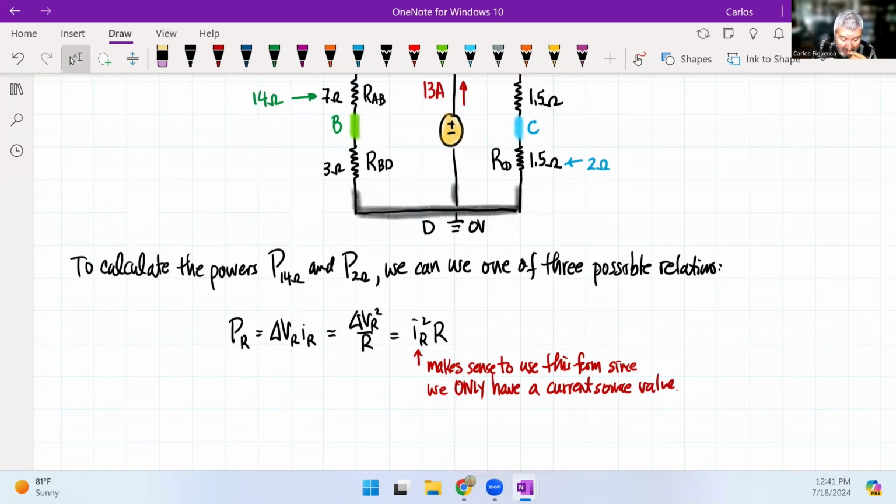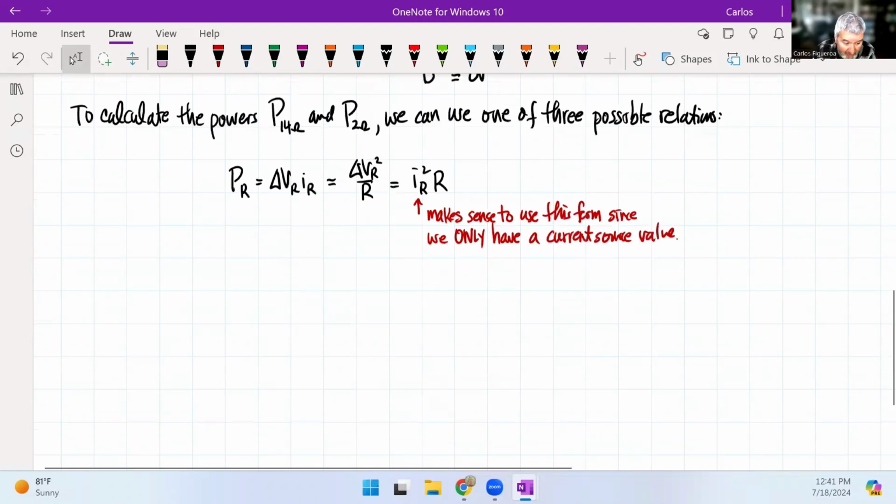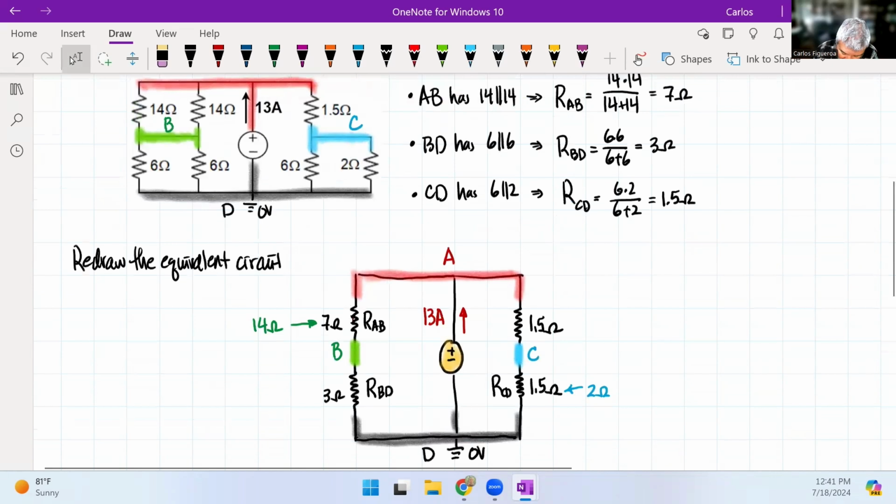Now, the first thing that I would pay attention to is that I want to grab this circuit right here. So I'm going to grab this and copy this for later use. The first thing that I would look at is these two resistors. I have RAB in series with RBD, so they're going to have the same current.